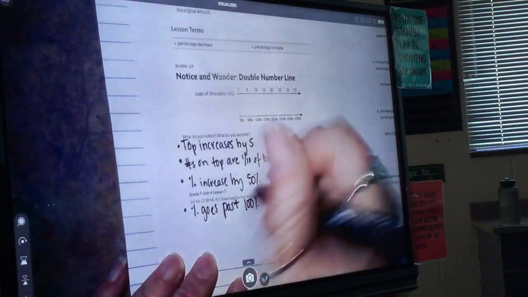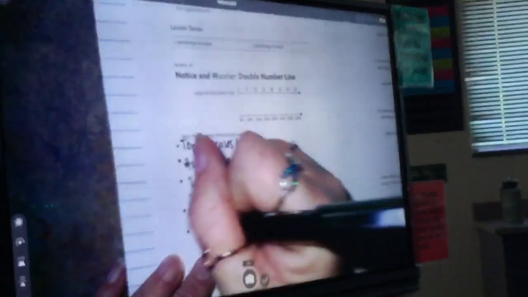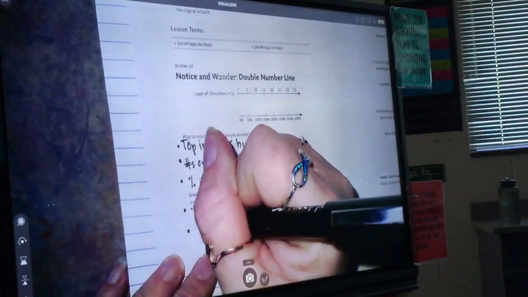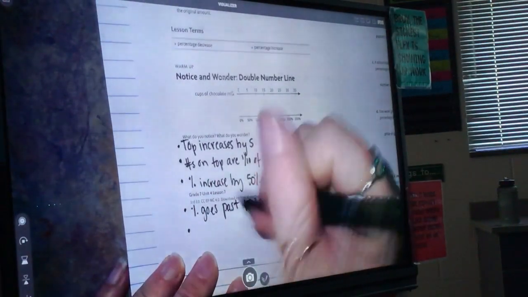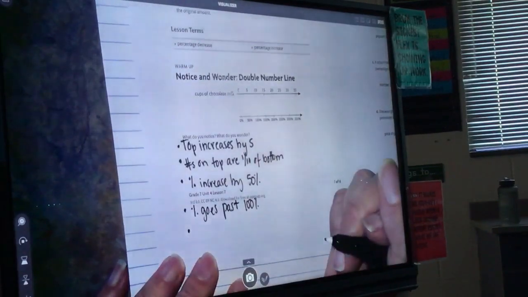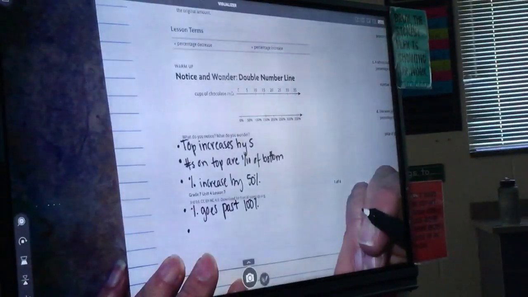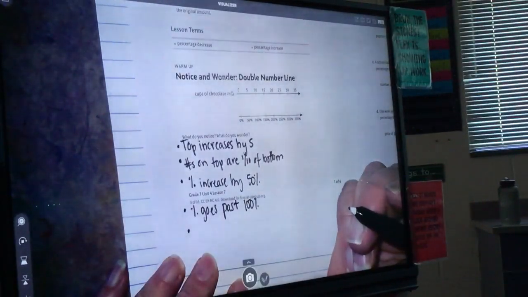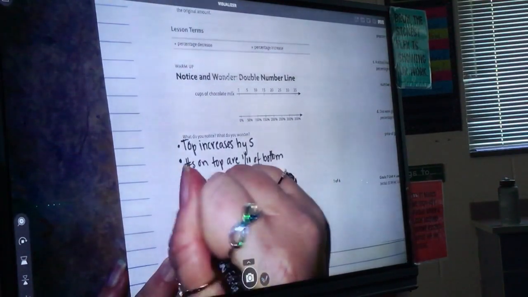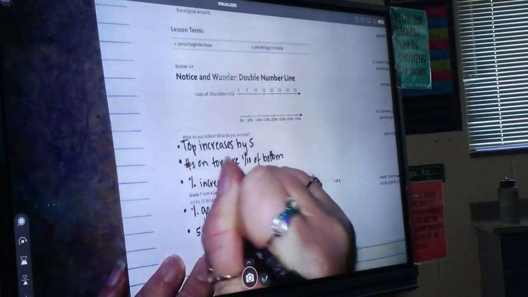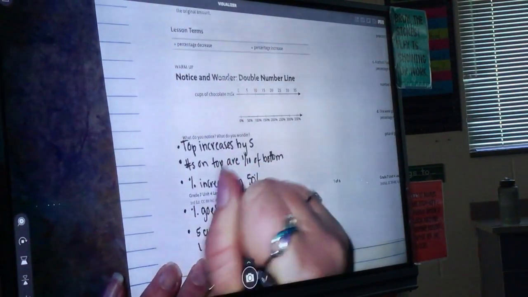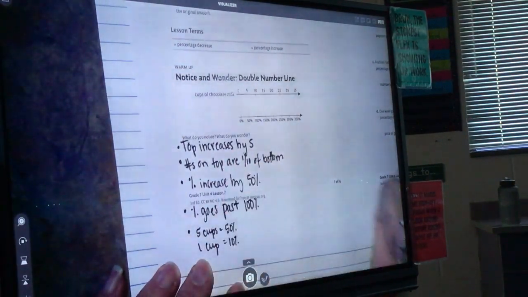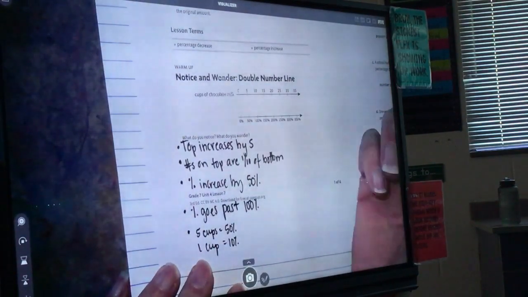Okay. River? The percent goes past 100%. Okay. Daniel? I noticed that 5 cups equals 50%, so that would mean 1 cup equals 10%. I'm sorry, say that again. When 5 cups equals 50%, which would mean 1 cup equals 10%. Okay. What are the percents like?